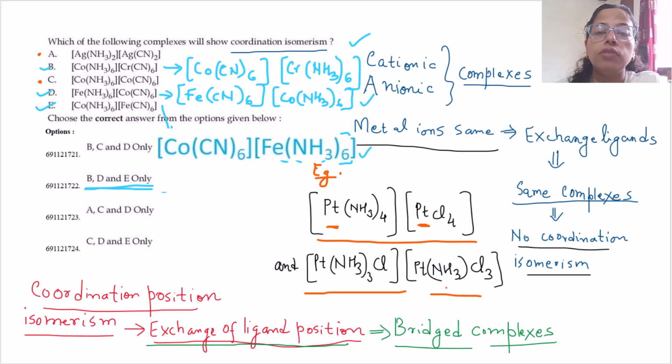So please do not confuse coordination isomerism and coordination position isomerism. Both are different types of isomerism. Both occur through exchange of ligands or metal ions, but coordination position isomerism is specifically found in bridged complexes.